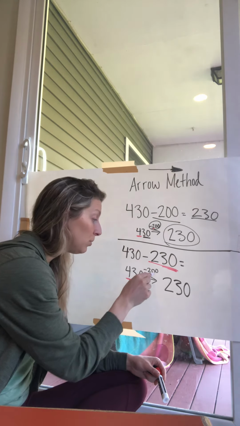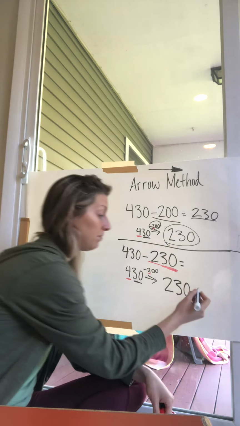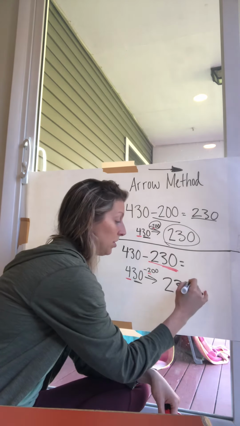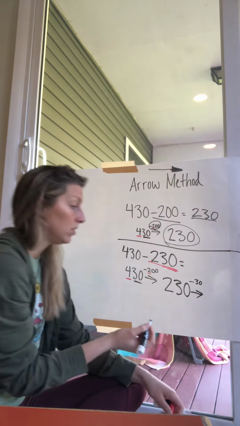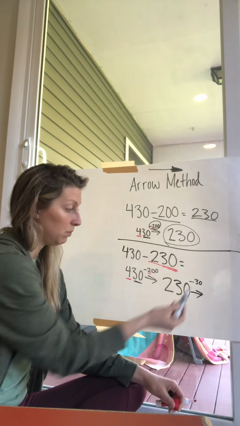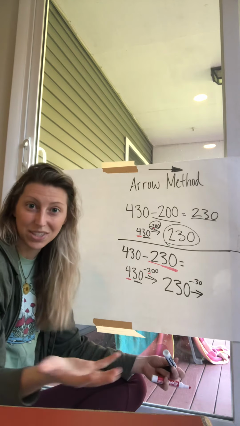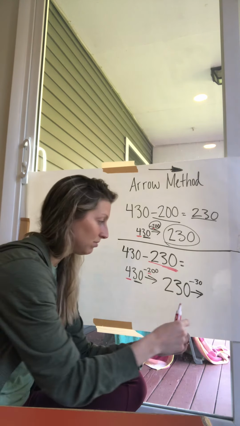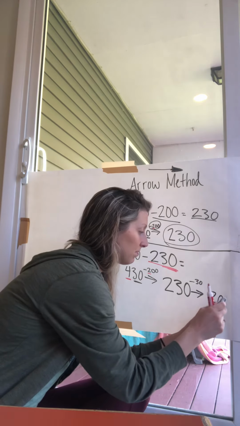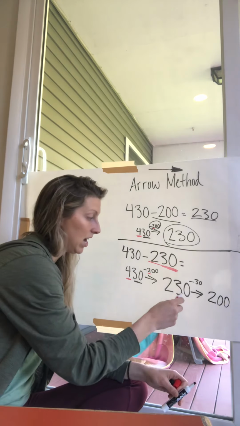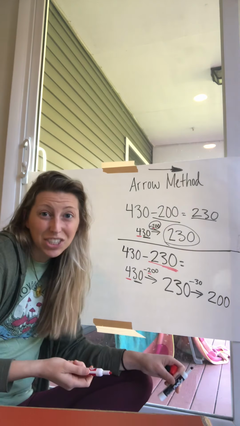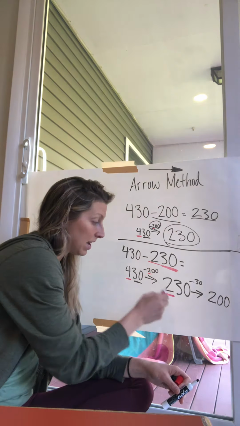So we took away the 200. Now we have to take away the 30. So if I have 230 and we take away 30, what's left? Well, just 200. Because did I take away any hundreds? Nope, so that stays the same.